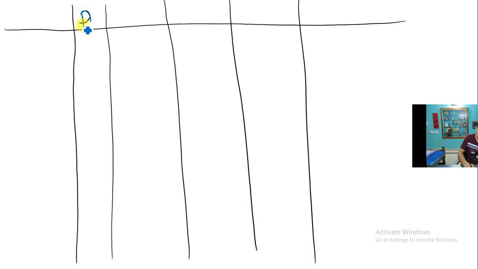So in the decimal our number starts from 0, 1, 2, 3, 4, 5, 6, 7, 8, 9, 10, 11, 12, 13, 14, 15, 16, 17, 18. I think I need lines here.